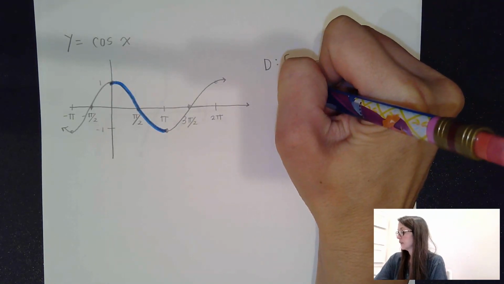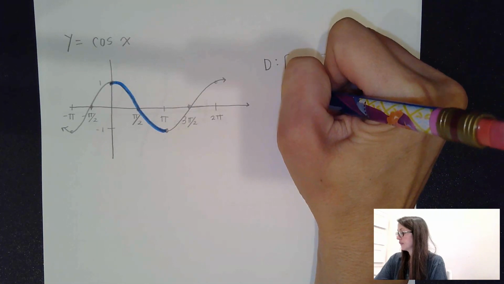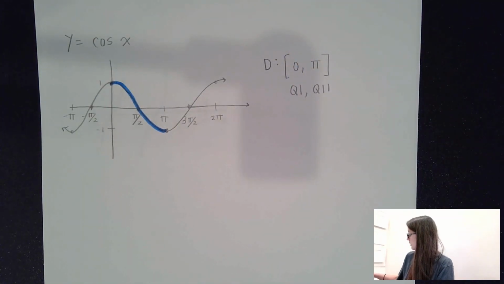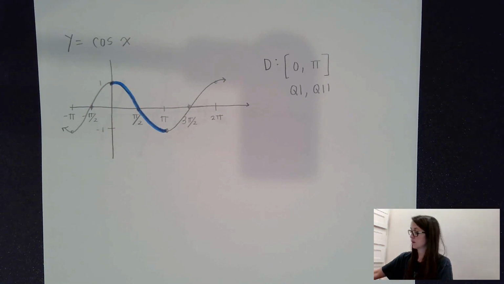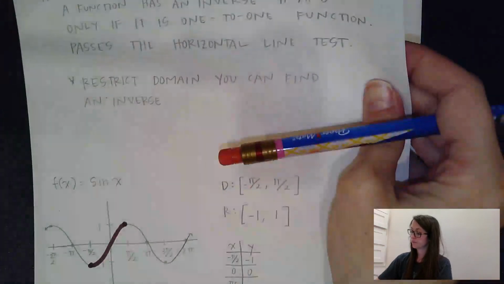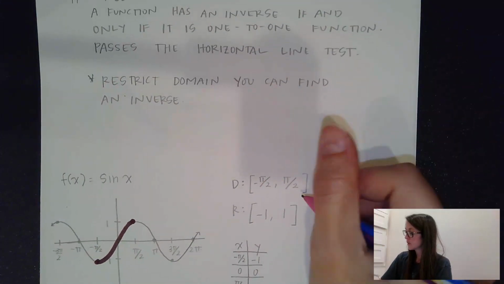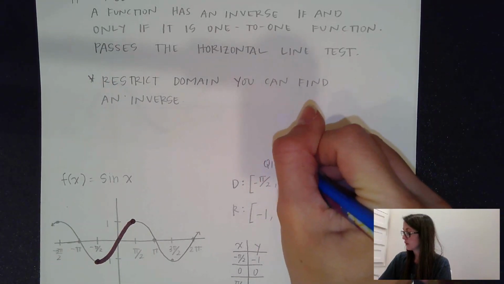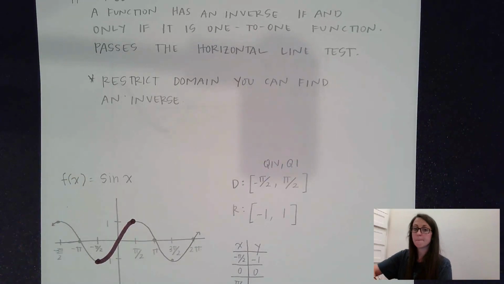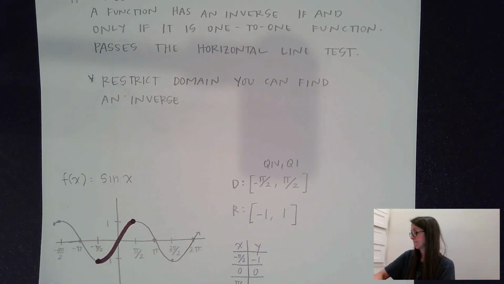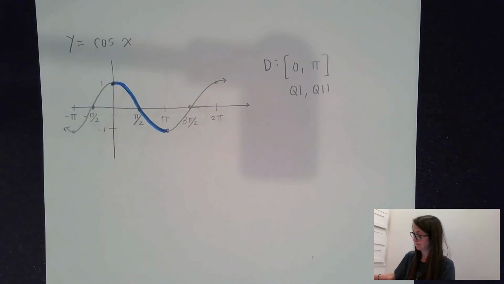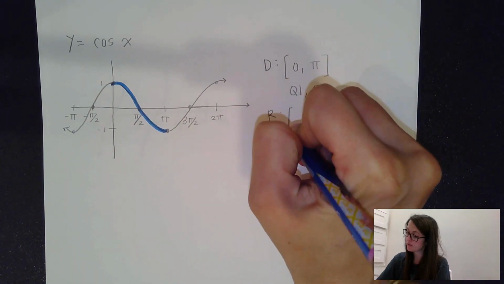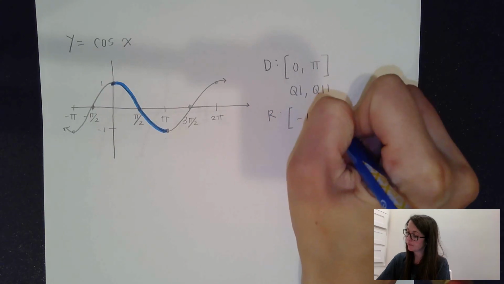That's quadrants 1 and 2. Let's go back to sine: when I restrict the domain there, this is quadrant 4 and quadrant 1. Then the range of values is the same, from negative 1 to 1.